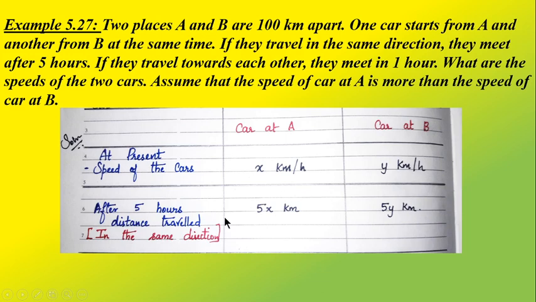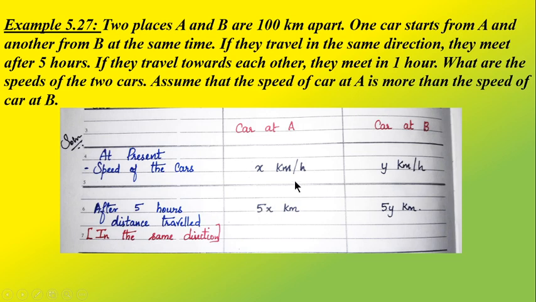For example, if the car at A travels x kilometer per hour, how much distance does it travel in 5 hours? Quite simple. We multiply 5 into x.